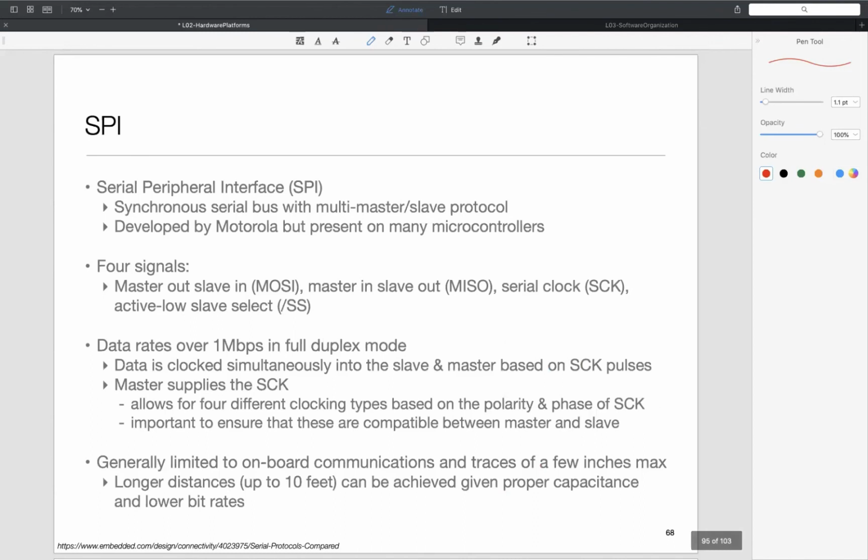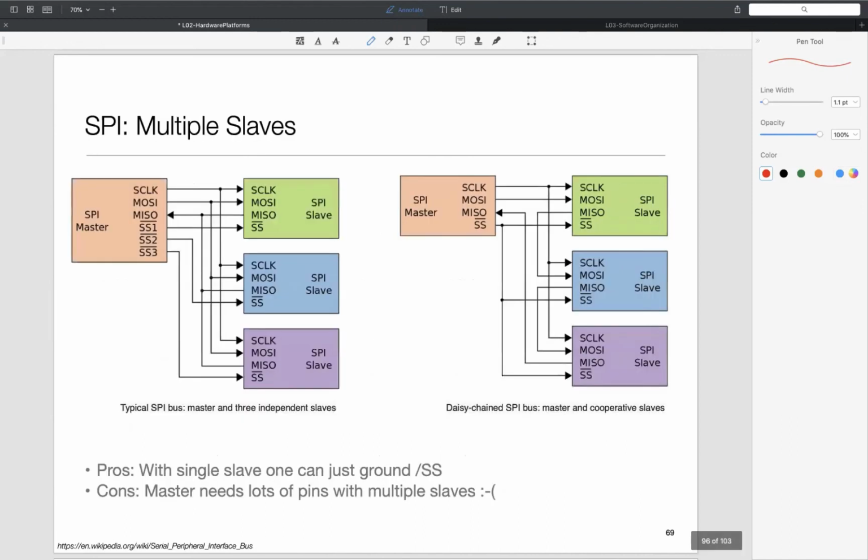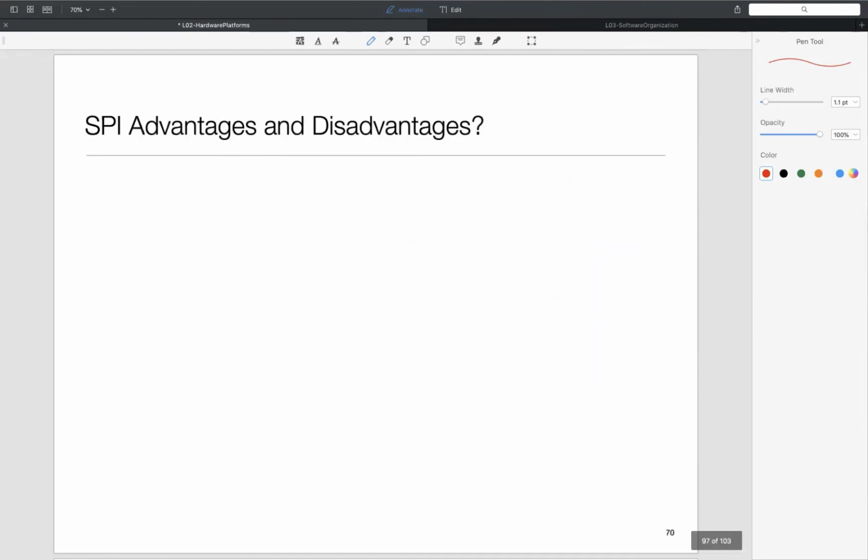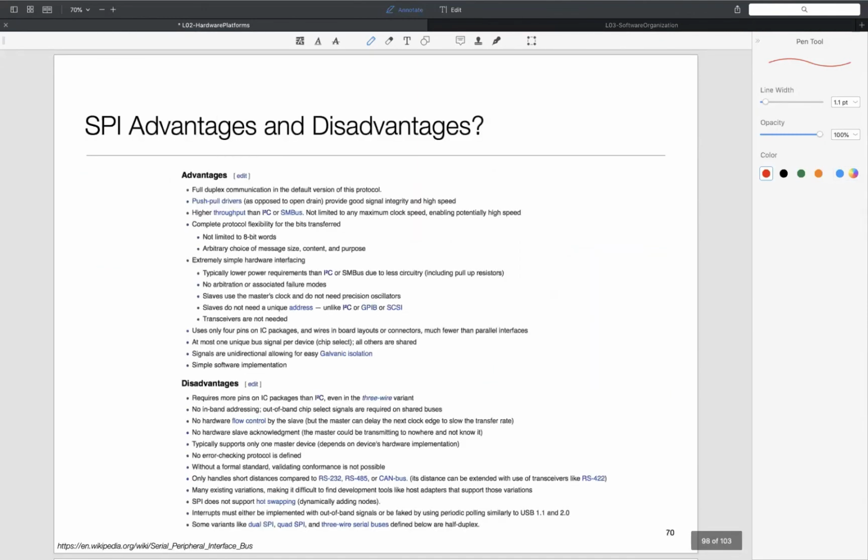So again, you can achieve reasonable rates with these. So I2C, SPI, and UART are there. In SPI, you can have multiple slaves, but for each slave, you will need a separate select signal. Okay, so the number of pins grows, whereas in I2C, there is an address. So the number of pins doesn't expand as you add more peripherals. So SPI is super simple, but it does have disadvantages, foremost being that it uses more pins.